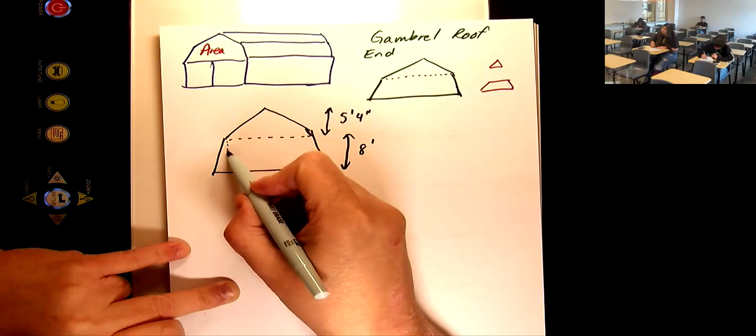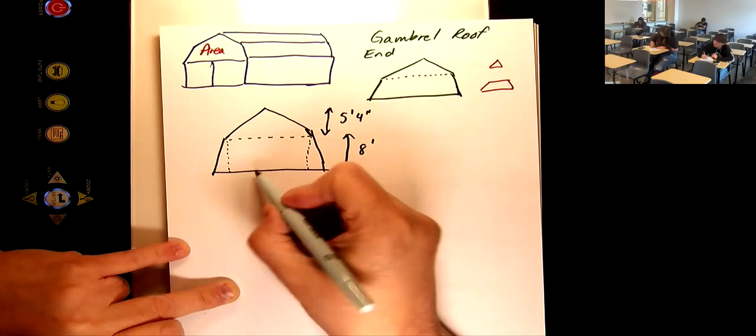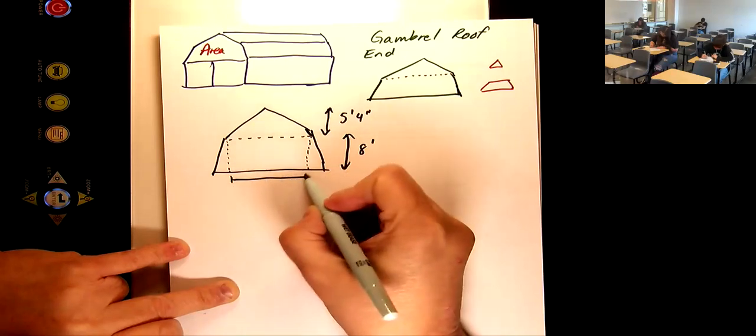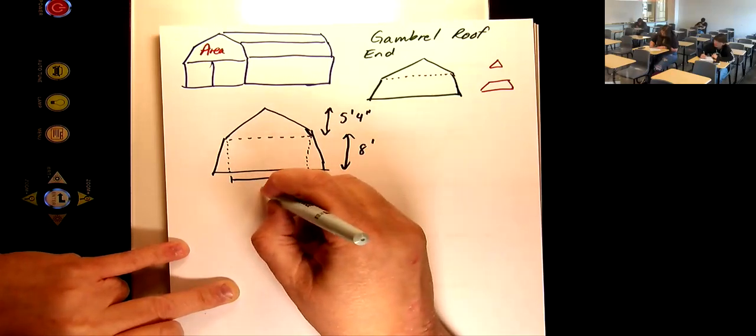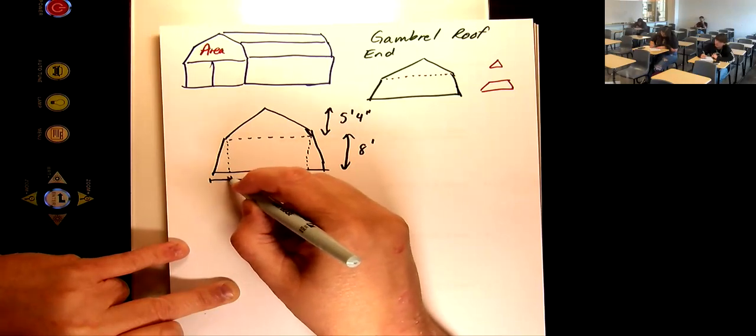If you wanted, we can break it up to where it looks like this. This distance right here is 23 feet. And each of these side distances over here is 10 feet.